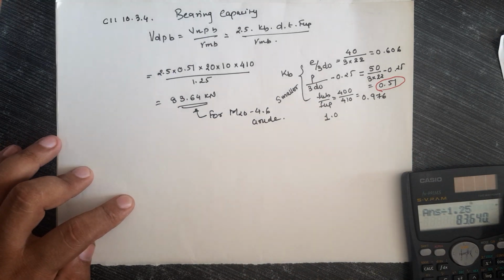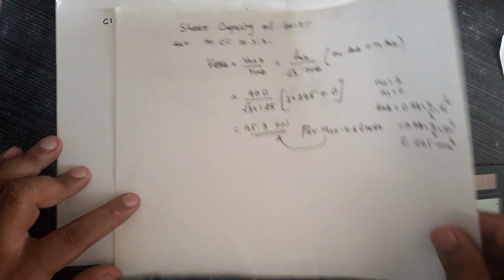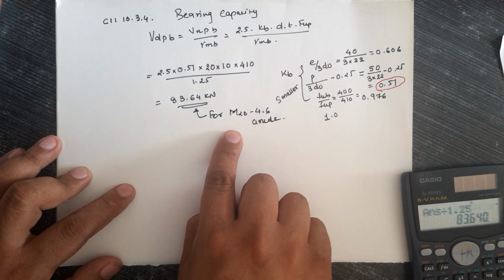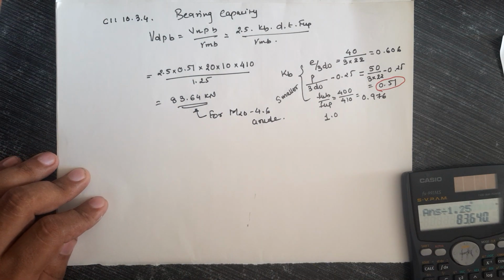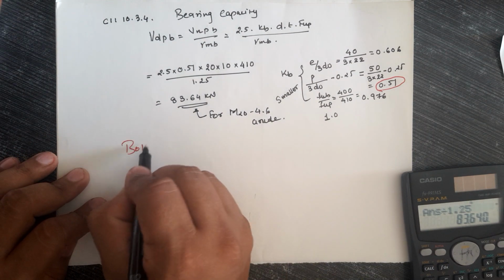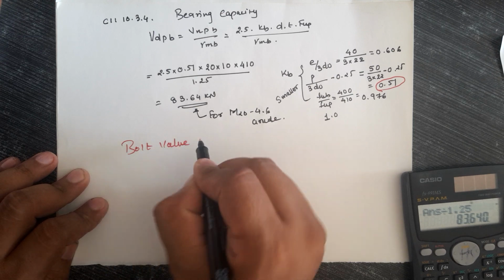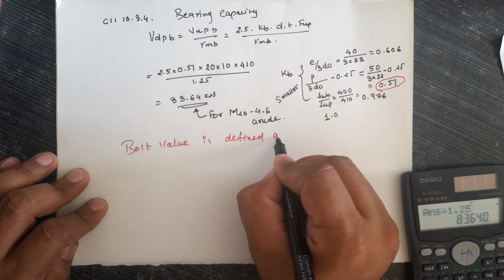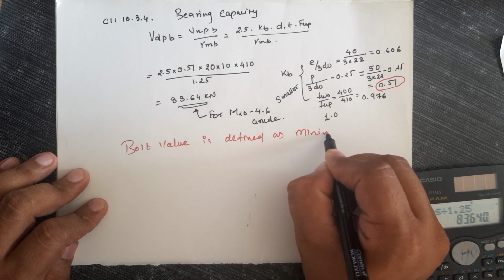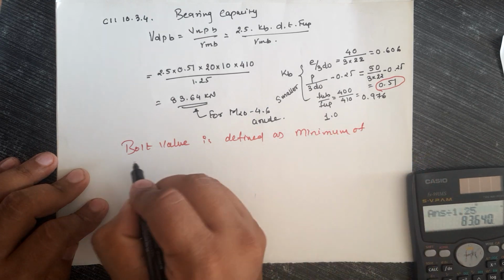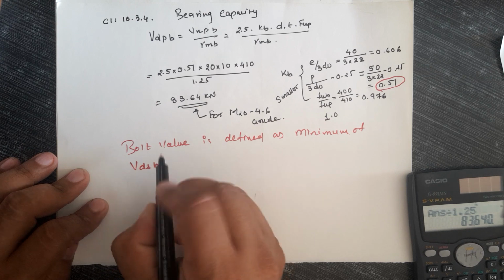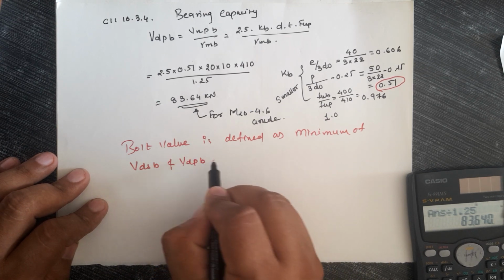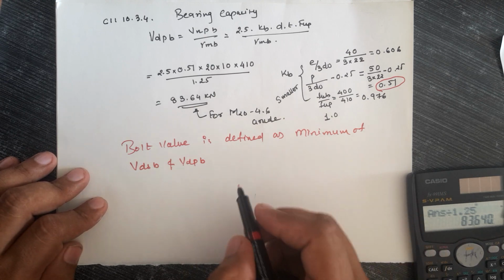Now we have two values. One is the shear capacity, which is 45.3, and the other is the bearing capacity, which is 83.64. Generally, the bolt value is defined as the minimum of the two values, VDSB, the design shear capacity of bolt, and VDPB, the design bearing capacity of bolt.